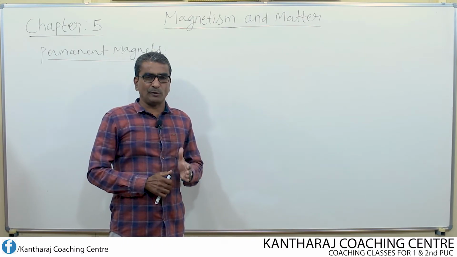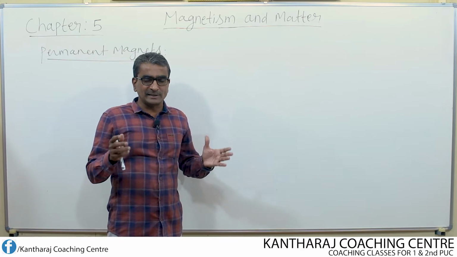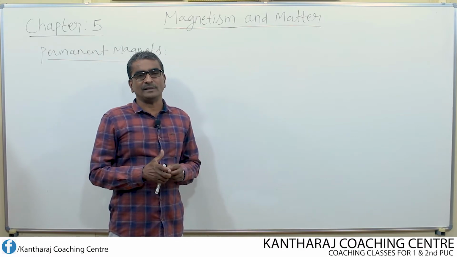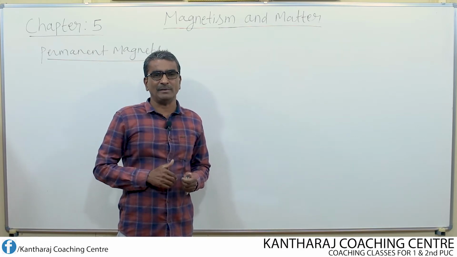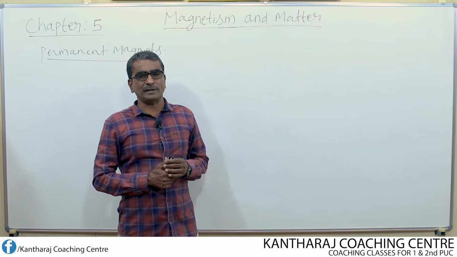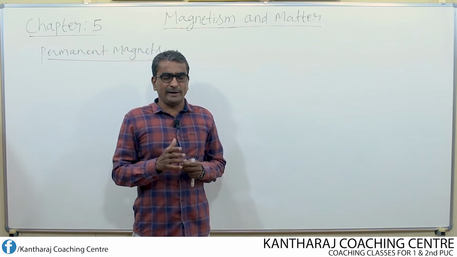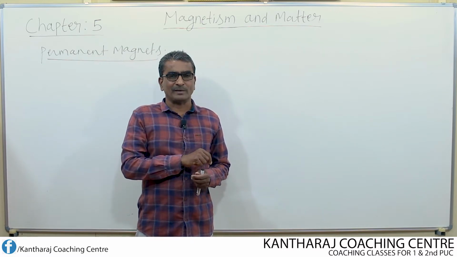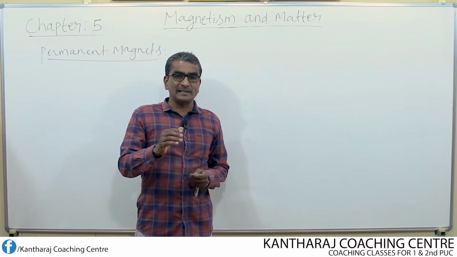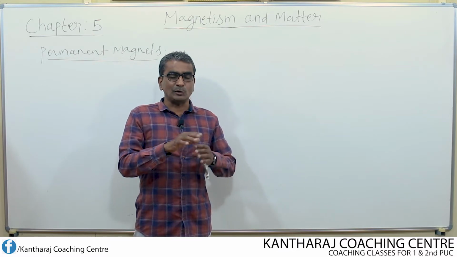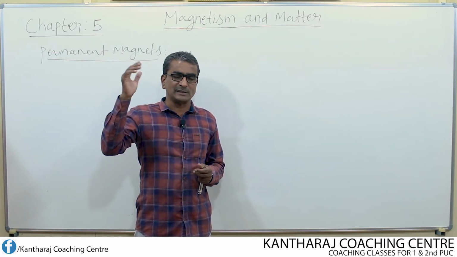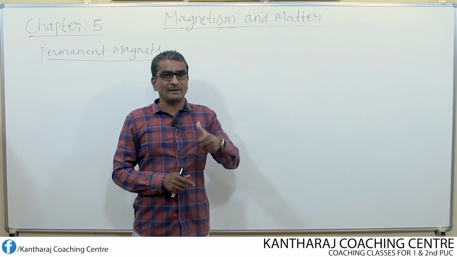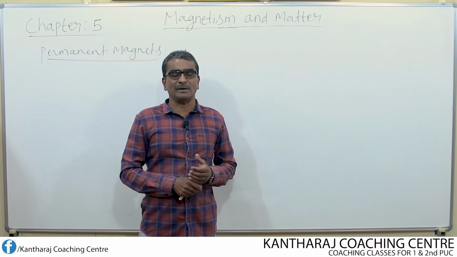If any ferromagnetic material retains its property for a long time, then we call that a permanent magnet. Retaining its property means what? Suppose we prepare a magnet by making use of one ferromagnetic material, and if that magnet retains its magnetism without losing its magnetization, if it retains it for a very long time at room temperature, then we call that a permanent magnet.